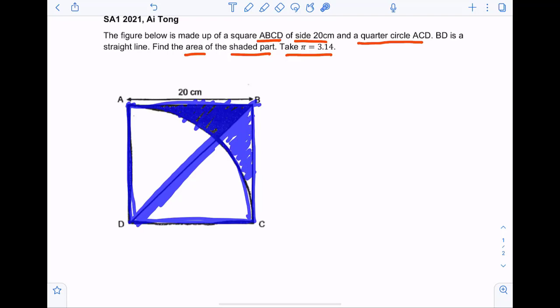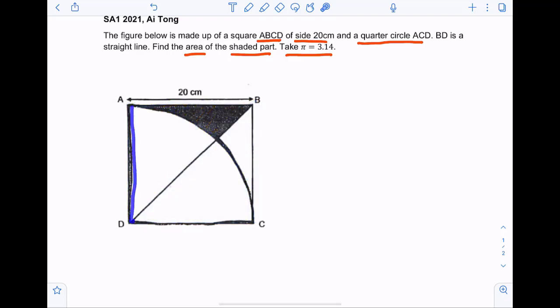Because you have a quarter circle, and when you cut a quarter circle, you get half of the quarter circle here and the other half here. Which means that when you cut through the center here, the shaded part's value here will also be exactly over here as well.